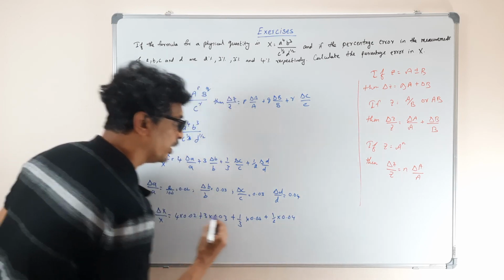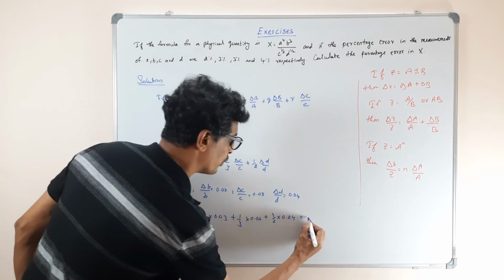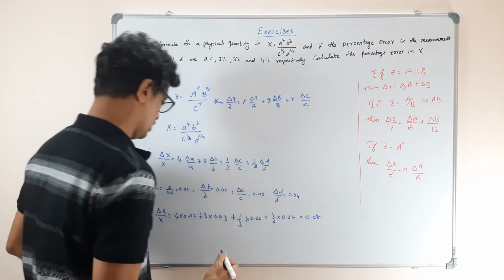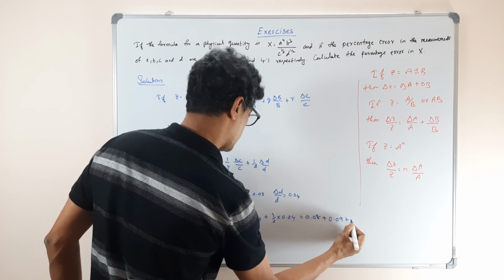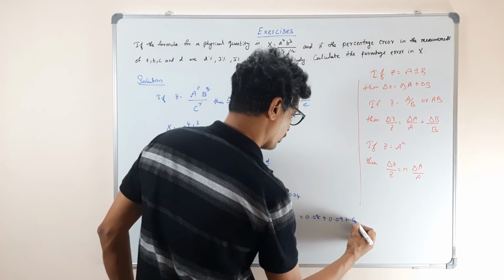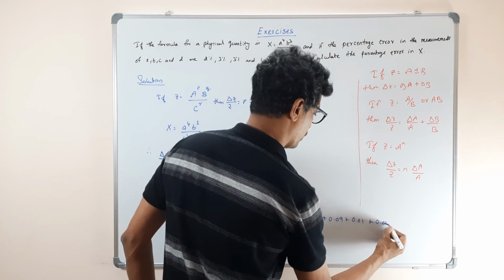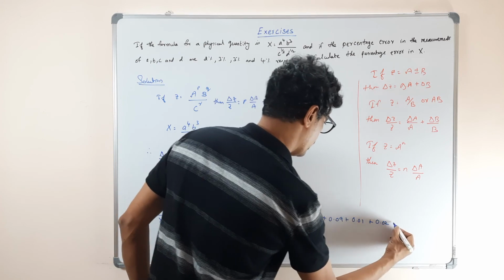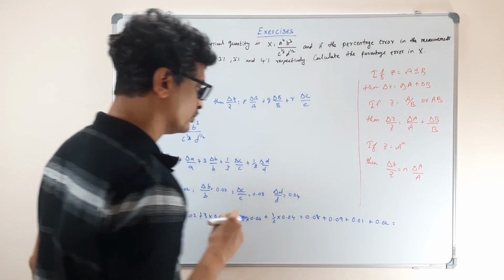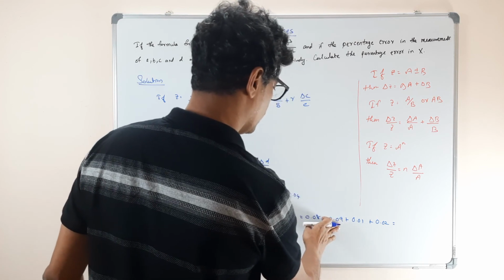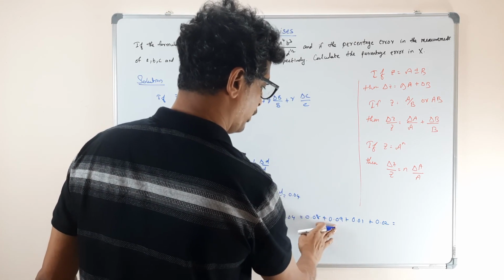So what will this be? Tell me. 4 into 0.02 is 0.08 plus 0.09 plus 0.01 plus 0.02. So tell me what this answer will be? See, this and this become 0.1, right?